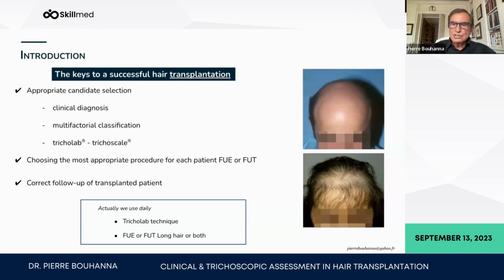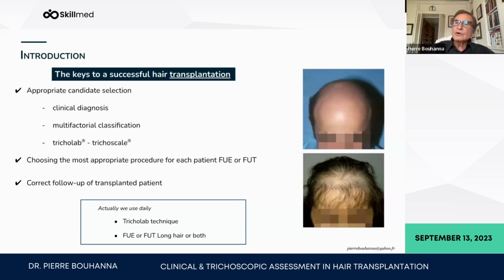What is the most important in this case is the clinical diagnosis. And during the clinical diagnosis, you will first know exactly when the hair loss and the baldness occurred, and also you will know when, in the mind of the patient, he thought to do a hair transplant.